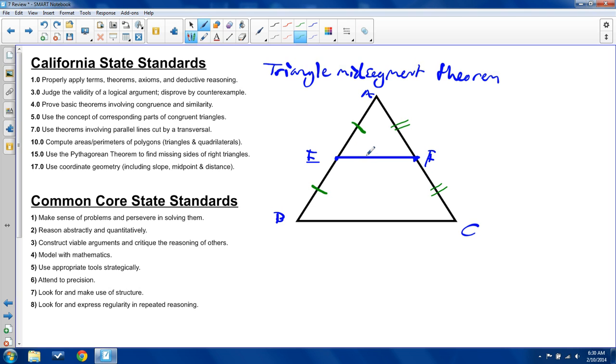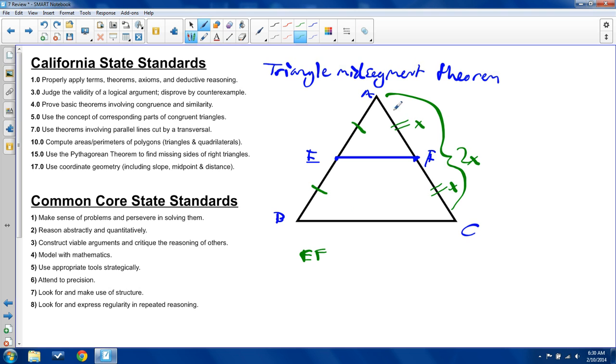Now the midsegment itself, EF, is exactly half of BC. The reason for that is if you take AF, let's say this length is X, and this length is X, so the entire length of AC is 2X.